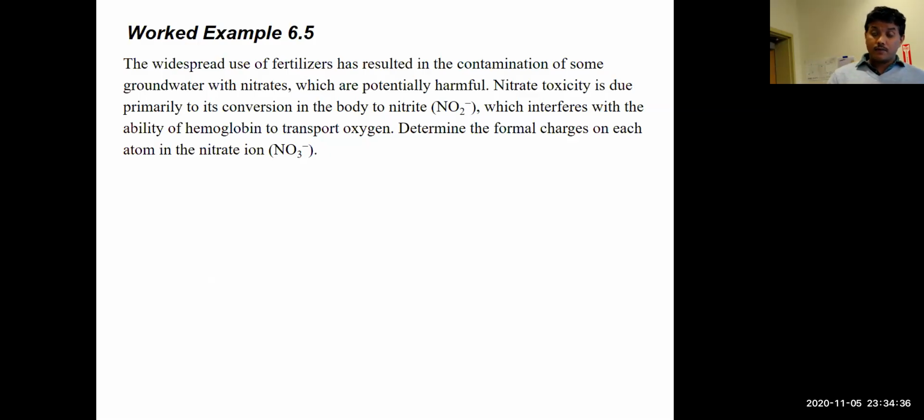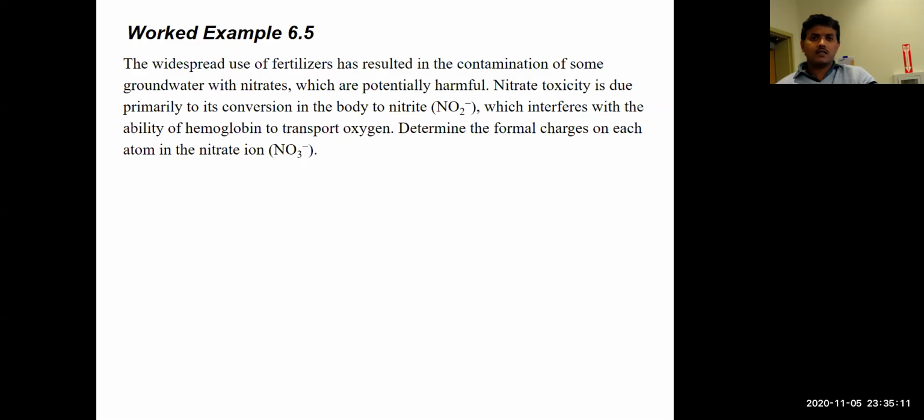And nitrate is potentially harmful because when it enters the groundwater and we drink that groundwater, that nitrate is converted to nitrite, NO2, which is mainly harmful to us because it hinders our ability to absorb oxygen, because NO2 wants to bind with iron instead of oxygen. So it competes with it. So that's the trouble. We want oxygen supply to the body, right? So yeah, that's the story behind it.